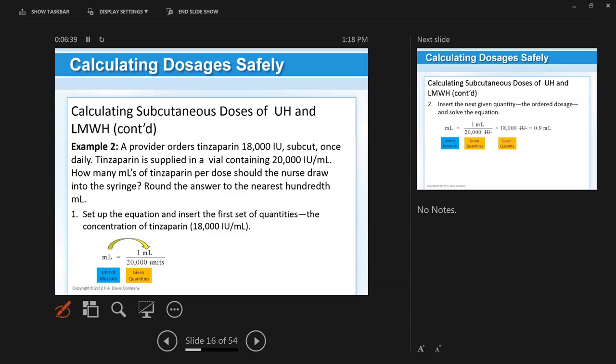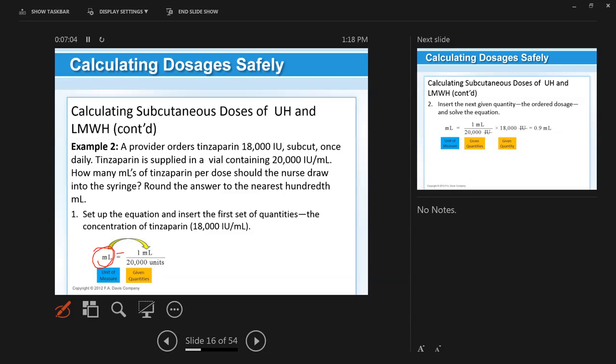Let's look at another example. This provider is ordering 18,000 units subcutaneously once daily. You have the vial that contains 20,000 international units per milliliter. How many milliliters per dose should the nurse draw into the syringe? All right, so we are again looking for milliliters. We're going to set up our equation with milliliters to the left.